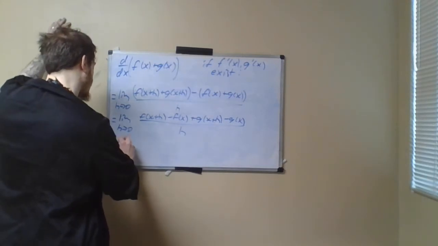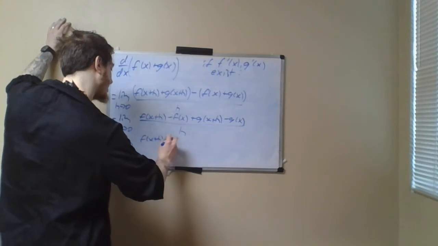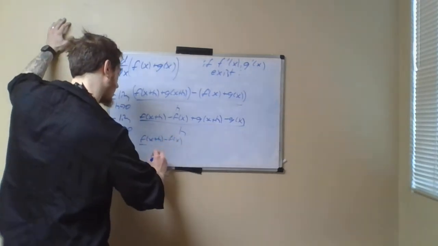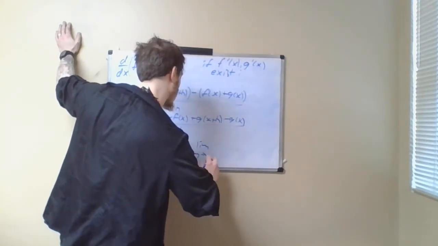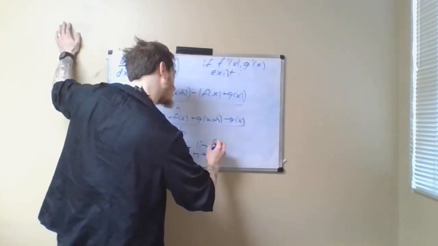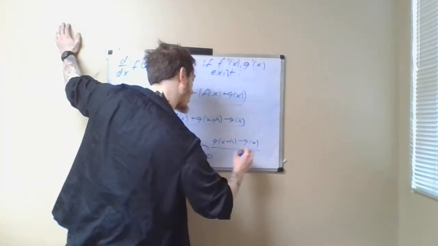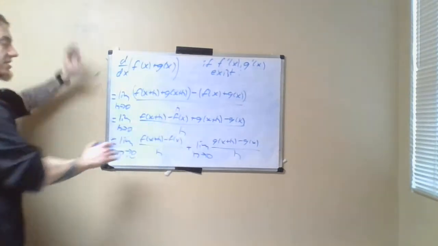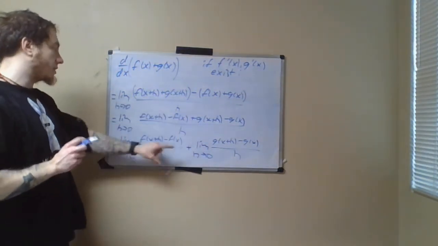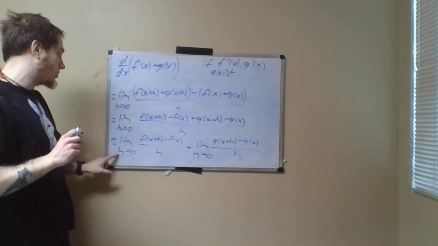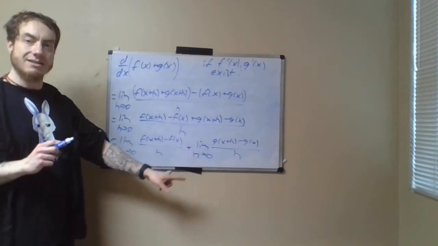And this is going to be the limit as h goes to 0 of f of x plus h minus f of x, divided by h, plus I can split the limit here: the limit as h goes to 0 of g of x plus h minus g of x, all divided by h. So I can take this fraction and split it into two fractions that are added together, and then I split those two fractions added together into two separate limits. I am allowed to do this as long as these limits exist.